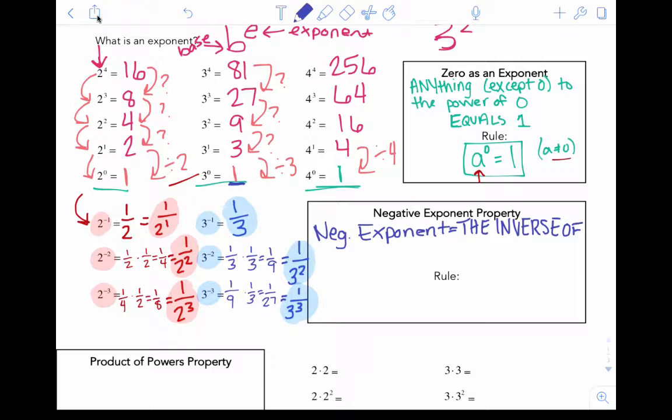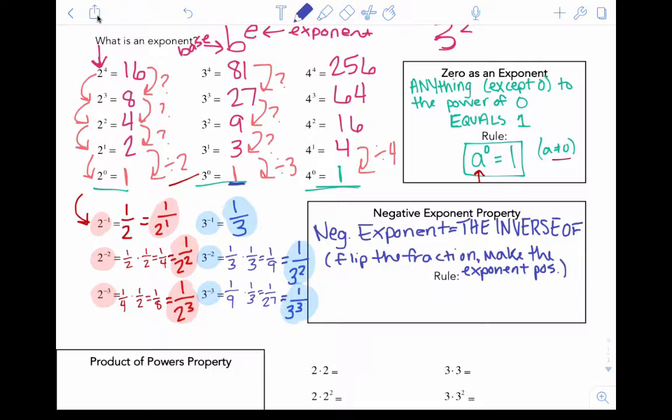So in some not so mathematical terms, you are going to flip the fraction and then make the exponent positive. However, we are great mathematicians, so we can say when you have a negative exponent, you take the inverse of that base, and then your exponent becomes positive.